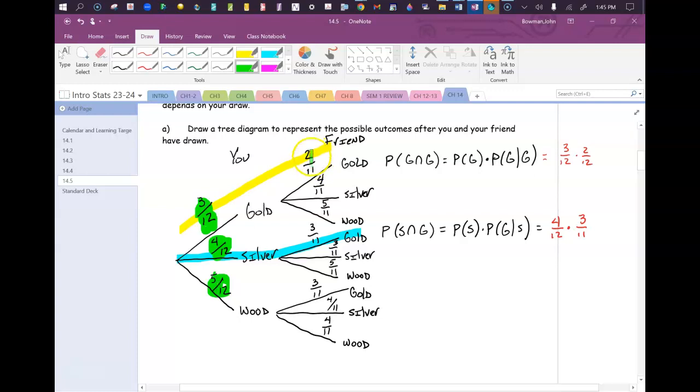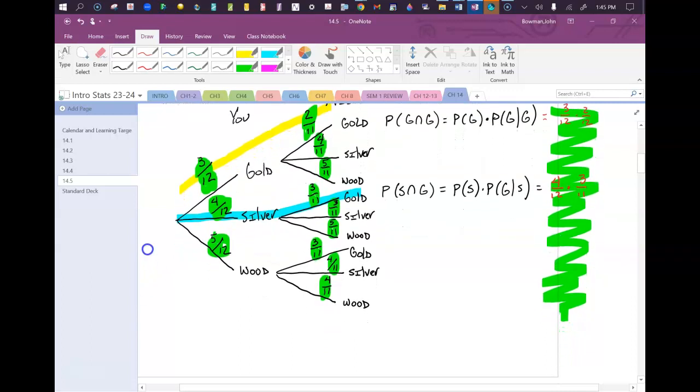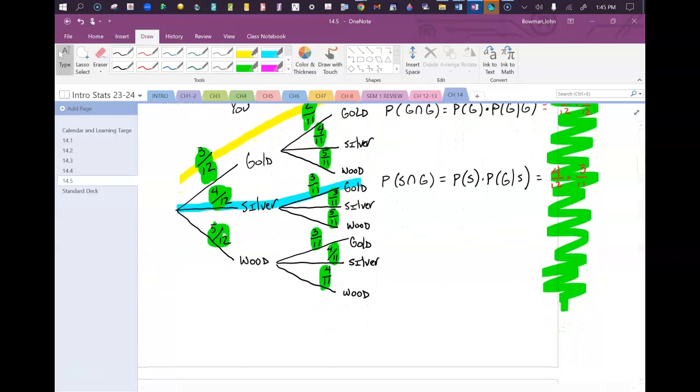Likewise, at this branch, 2 elevenths, 4 elevenths, and 5 elevenths is 11 elevenths. 3 elevenths, 3 elevenths, and 5 elevenths is 11 elevenths. 3 elevenths, 4 elevenths, and 4 elevenths is 11 elevenths. Same thing would be true if we found all these probabilities out here at the end and we added them up. That would account for all the possible outcomes at that point in the tree diagram, and they would add up to 1 as well.